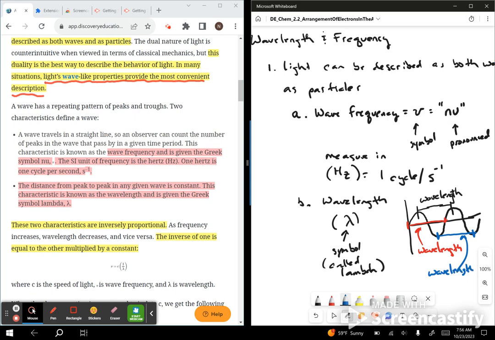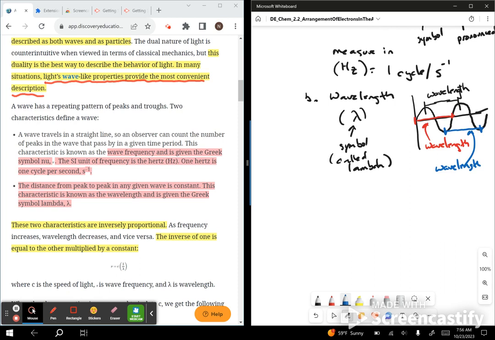Okay, and finally, we have a formula here. These two characteristics, frequency and wavelength, are inversely proportional. As the frequency increases, wavelength decreases, and vice versa. The inverse of one is equal to the other. So we've got this relationship: nu is equal to c multiplied times 1 over lambda.